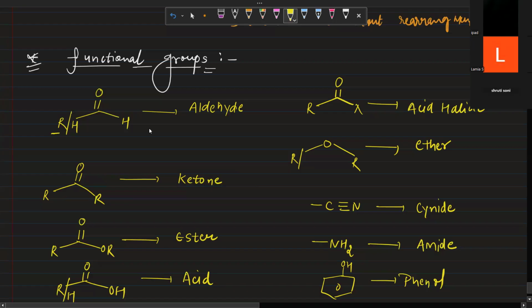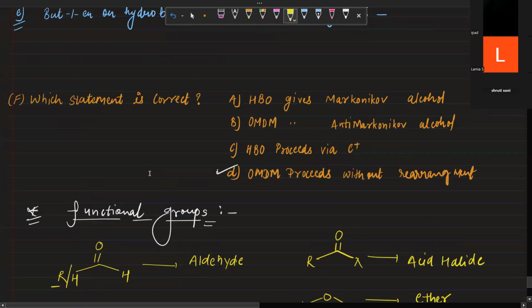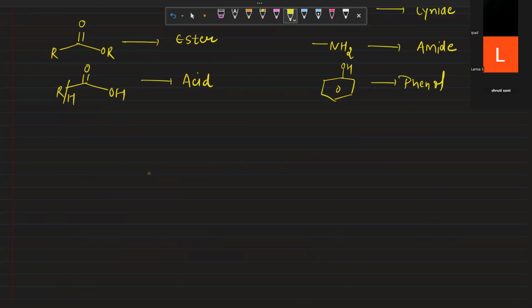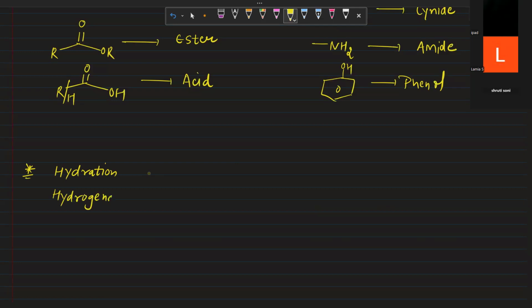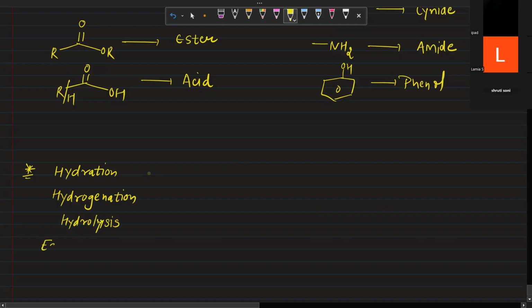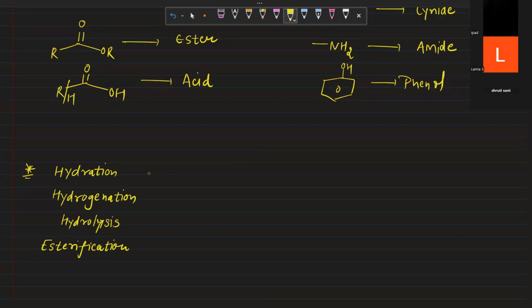After functional groups, there are some terms which you need to identify: hydration, hydrogenation, hydrolysis, esterification, halogenation.